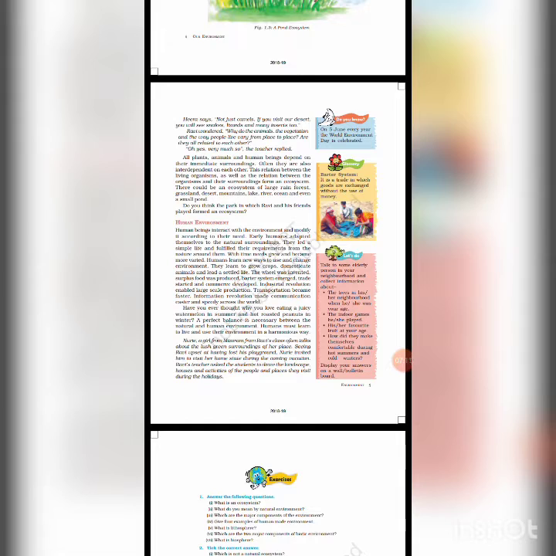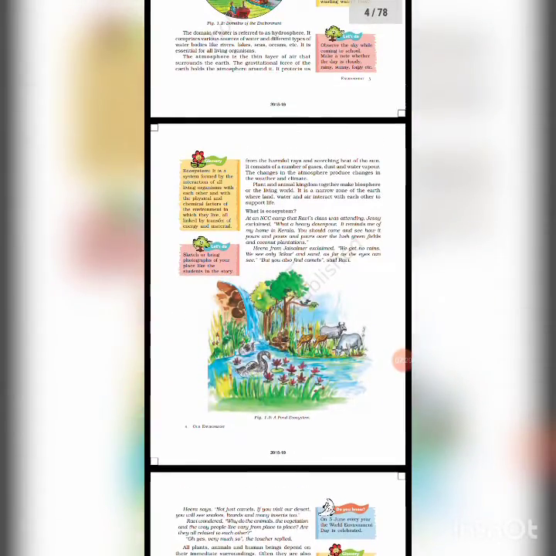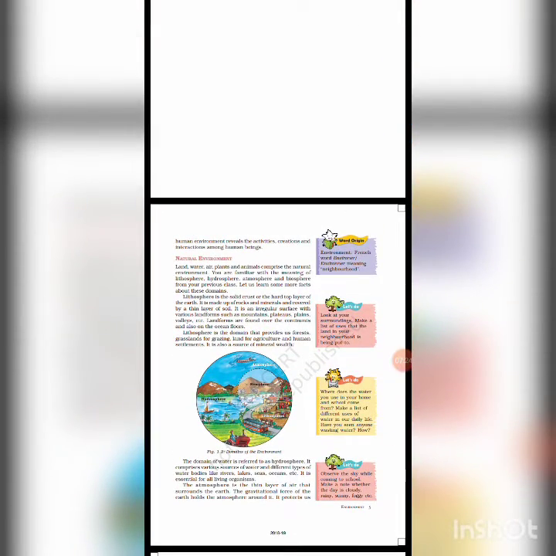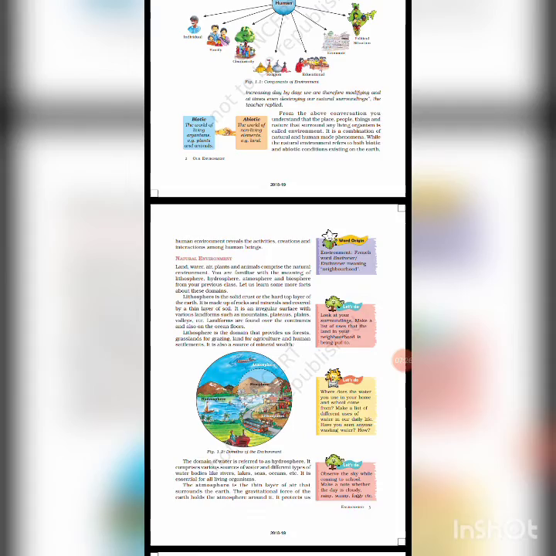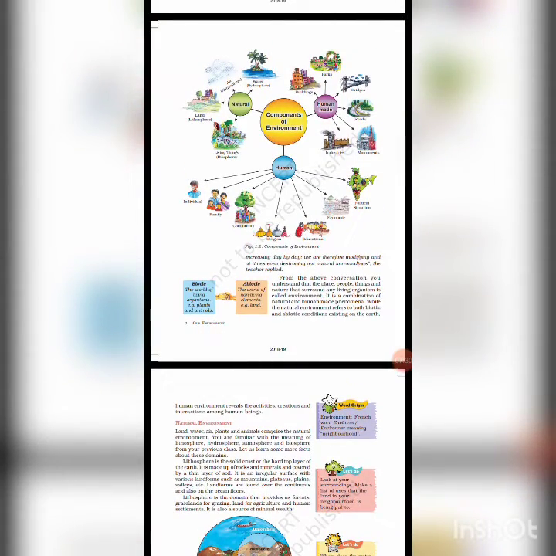It refers to both biotic and abiotic conditions existing on the earth. While biotic refers to the world of living organisms, whereas abiotic refers to the world of non-living elements such as land, water, air, etc.